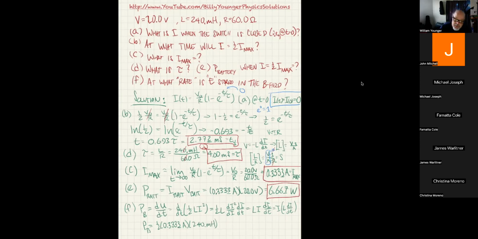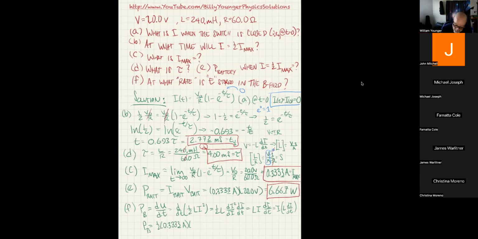Or actually, no, let's go ahead and do the way that your book did. It gives the same answer either way. I actually tried both of them, believe it or not. So I'm going to do the I as 1/2 this, and then I'm going to do the V0 minus IR.